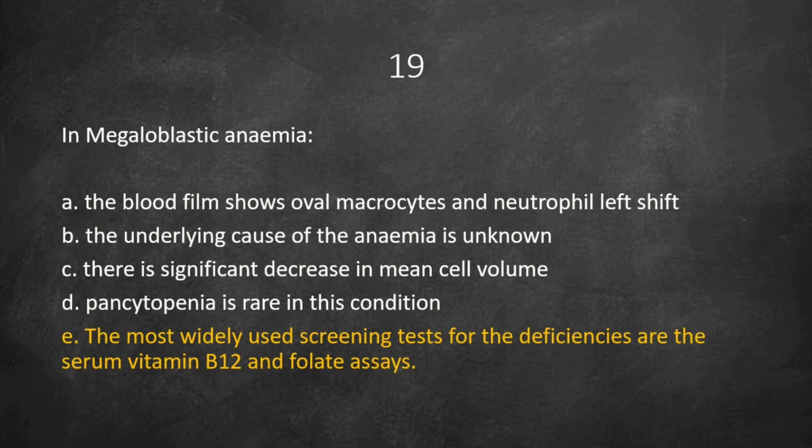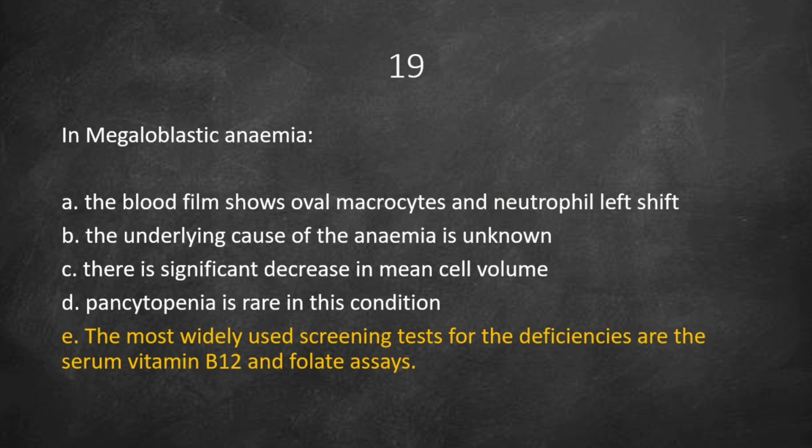Okay. Then option D says that pancytopenia is rare in this condition. This one too is incorrect, because pancytopenia is where there's reduction in the red blood cells, white blood cells, and platelets, and this can be seen in megaloblastic anemia due to the impaired production of the blood cells.